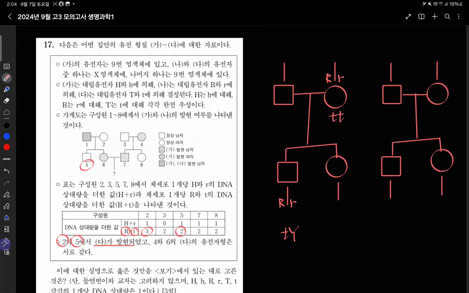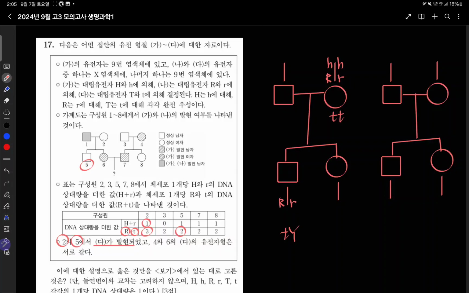And then when we think of this sum of H and R in individual number 2, she has one lowercase r. That means she needs to be homozygous recessive for the first trait. And this means the first trait is dominant, because the homozygous recessive doesn't have the first trait.